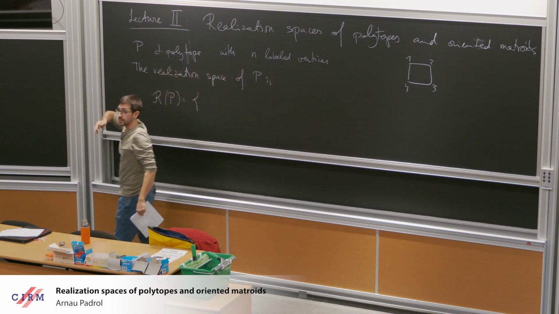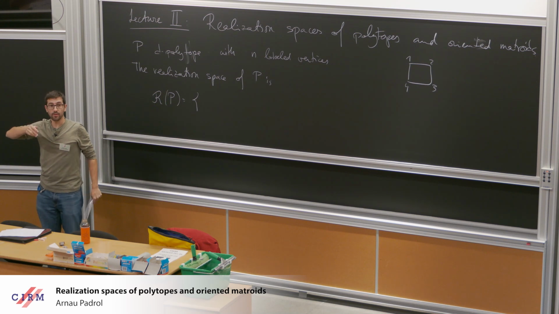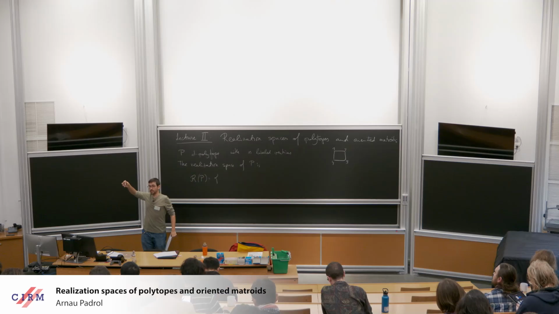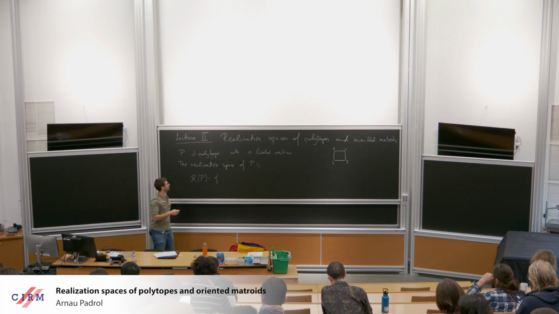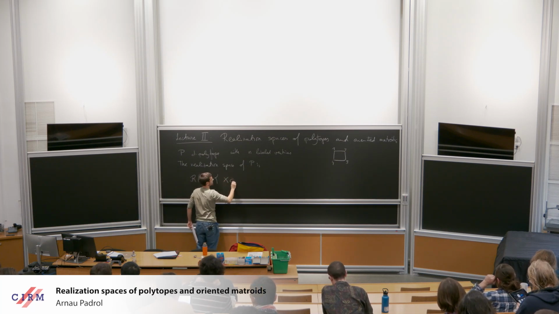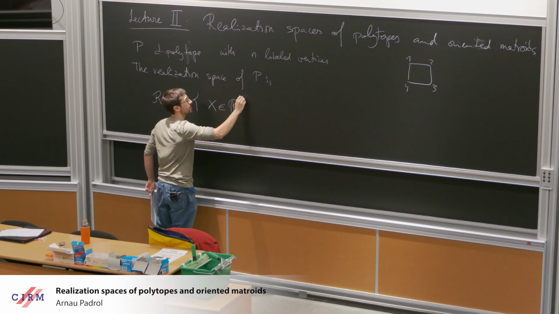So each vertex has d coordinates. So if we record all the coordinates of the vertices, we can put them in a d times n matrix, right? So this will be my realization. It will be a d times n matrix.